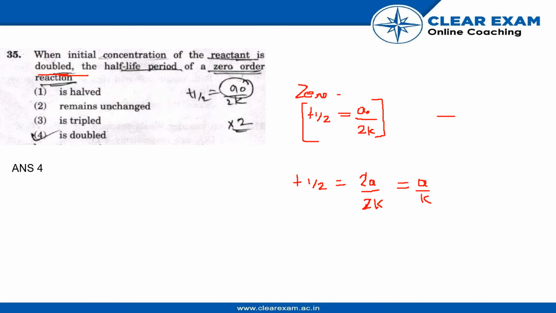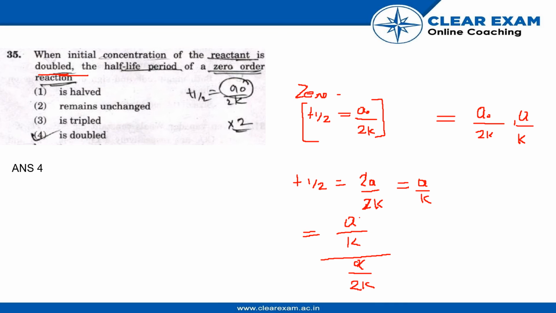So the initial time period is A upon 2K, and the final is A upon K. So as we can see, by dividing the equations, we get A upon K divided by A upon 2K.